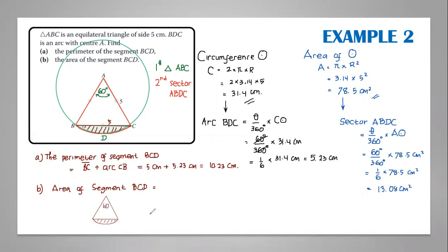So we can find the area of segment BCD: it is sector ABDC minus the area of triangle ABC.